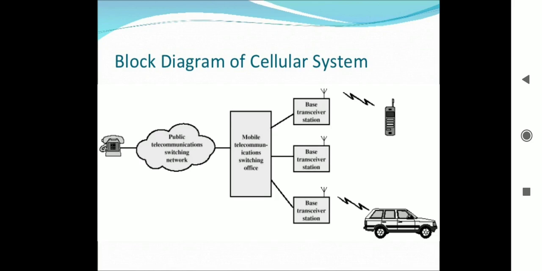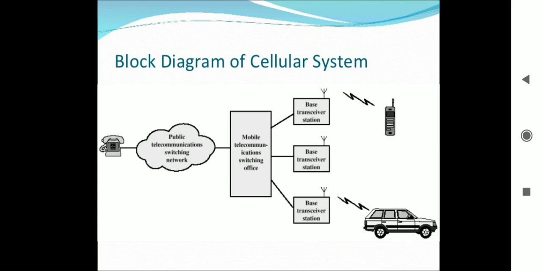Base stations in neighboring cells are assigned completely different sets of channel frequencies, limiting the coverage area, called a footprint, with cell boundaries.